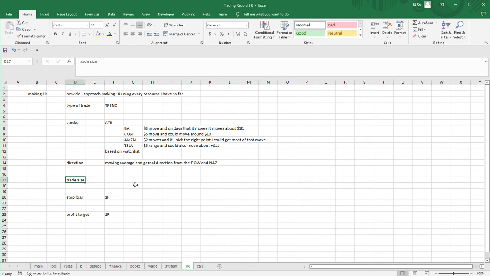So essentially, trade size is going to be just 1 unit to provide sufficient move to fulfill the 1R target.